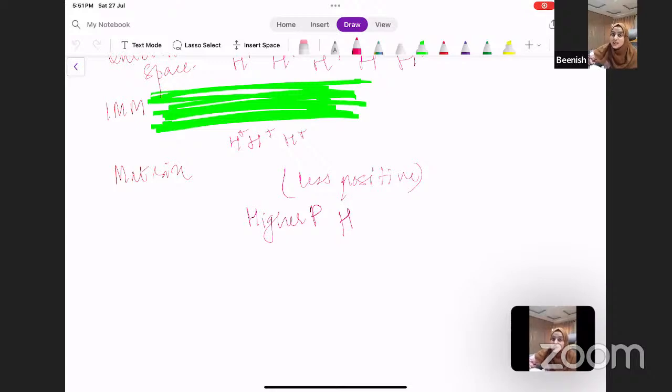Conformational changes in the beta subunits of your F1 take place. As a result of these conformational changes, your three beta units are going to convert ADP into ATP. And this is phosphorylation. Your ATP has been generated.